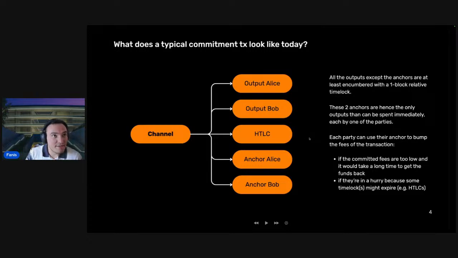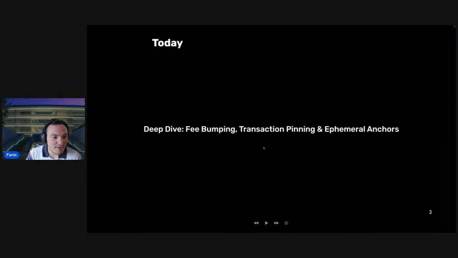So yeah, in case you missed the beginning, quickly, what we are talking about today is the fee bumping of commitment transactions when they are published on chain. Related to that is the subject of transaction pinning, which we'll cover, and we'll cover ephemeral anchors. We are talking about this today because last week, Bitcoin Core 29.0 was released.